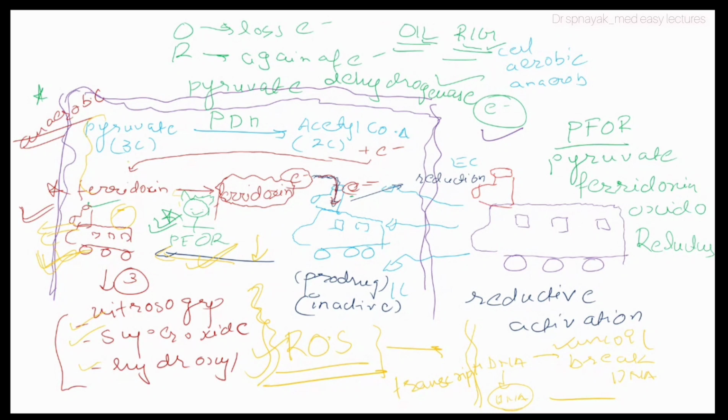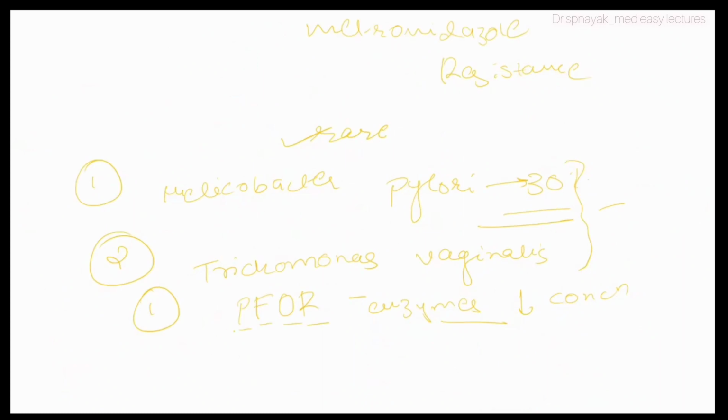So what will happen? This entire thing, that is the transporting of the electron to the pyridoxine, which is the electron carrying protein, and the snatching of the electron, or the sucking of the electron into the electron gun, will be impaired.